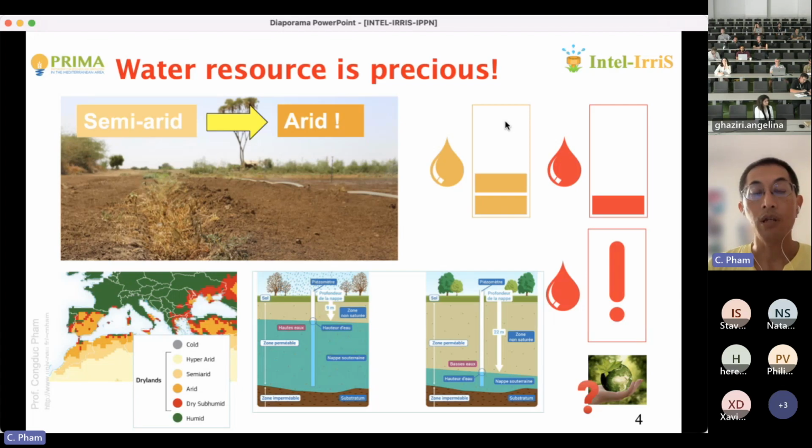The level of underground waters is dangerously low everywhere, and the whole region is subject to recurrent and persistent dryness. So this was the motivation for our work here.